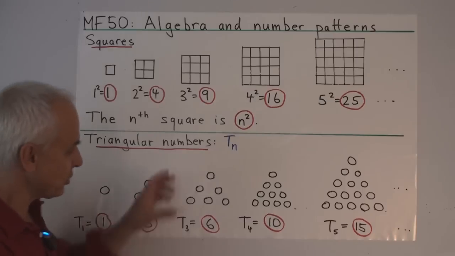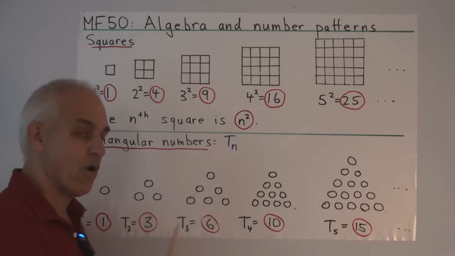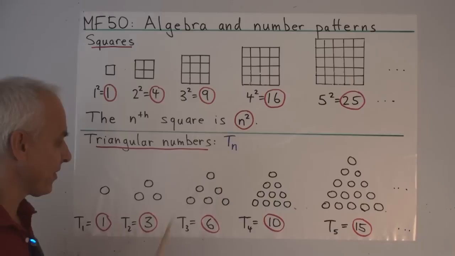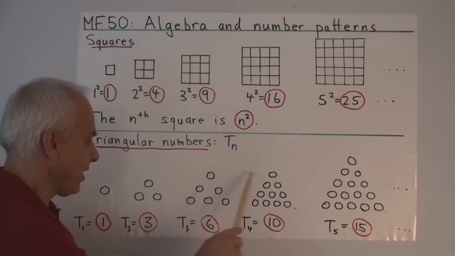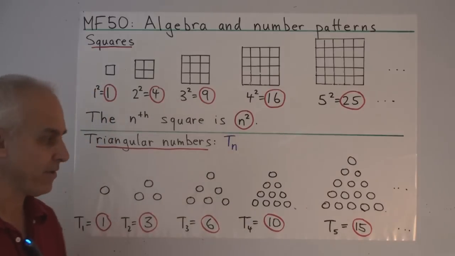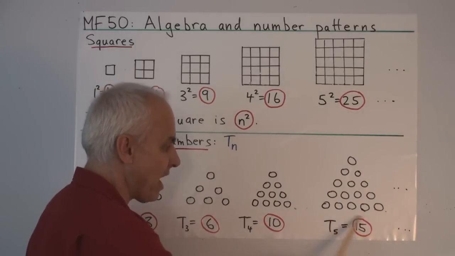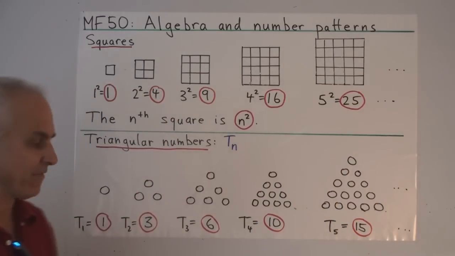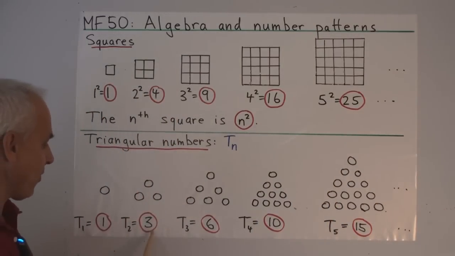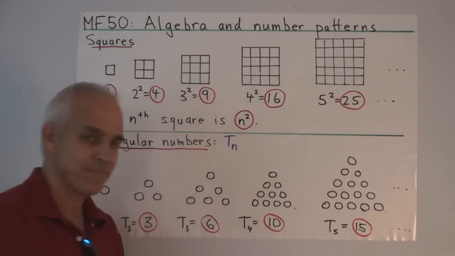At each stage, what we're doing to go from here to here, say, is we're adding an extra row of balls at the bottom. So that T3 there is reproduced here, and then we add 4 more balls to get T4. Similarly, the T4 is reproduced here, and we're adding 5 new balls to get T5. And here are the triangular numbers, 1, 3, 6, 10, and 15, and so on.